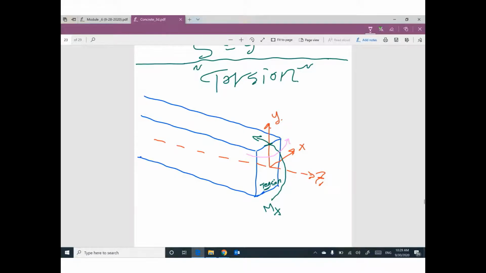Yeah. So we can call it My. This moment will make tension on this side and compression on the other side. That means your cross section has something called biaxial moment. Anyway, we have a moment about X and a moment about Y, which is the regular moment. But what will happen if you have a moment like this?